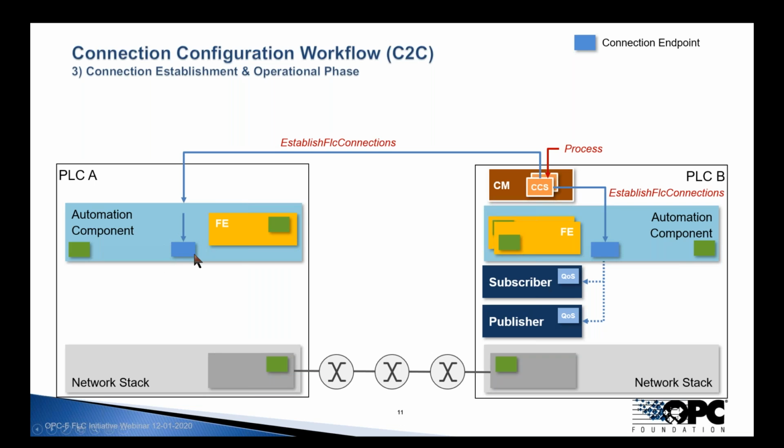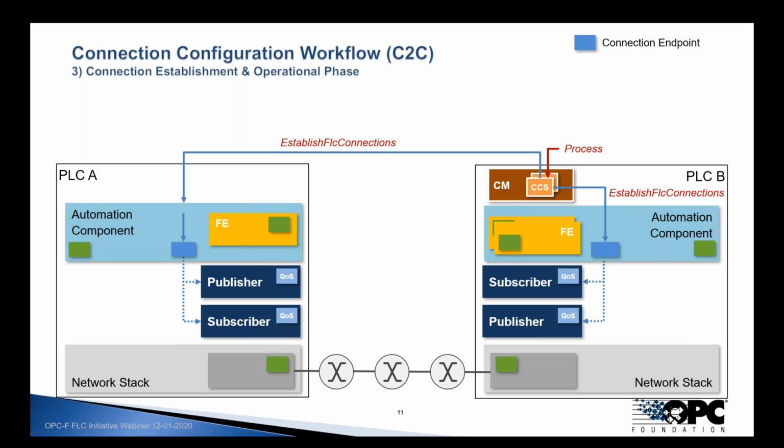So a connection endpoint is created here, publisher and subscriber are set up. If the quality of service here is best effort or priority, it will be enabled, or both will be enabled. And if the quality of service is best effort or priority, data is flowing across the wire.